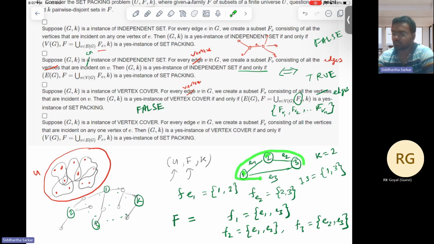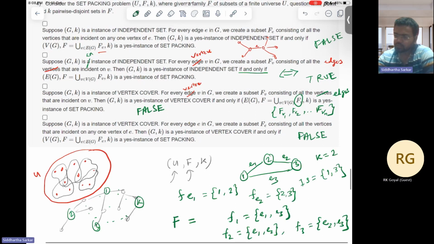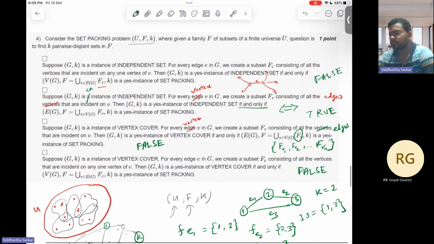Similarly, the family corresponding to E2 will be 1, 2 as well as 3, all of them. E3 will be 2, 1 and 3, all of them. So we won't be able to find disjoint sets in the family. So this is also false. That is the end of this question.